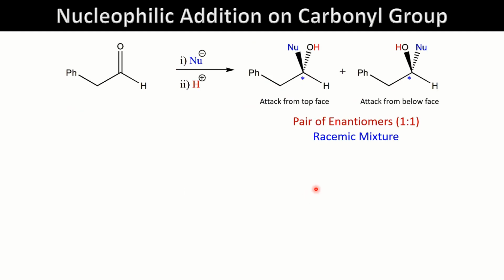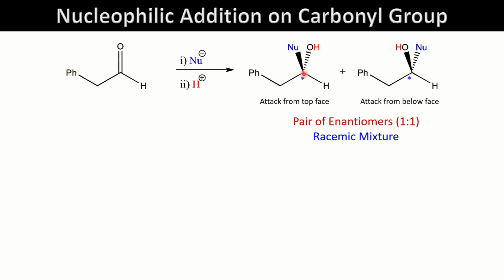Now what will happen if we have two different substituents on the carbonyl group, like this one side is having hydrogen and other side is having benzyl group. Now, if nucleophilic addition takes place, if the nucleophile attacks from the front face, top face, you'll get this product, and if the nucleophile attacks from the rear face or below face, you'll get this product.